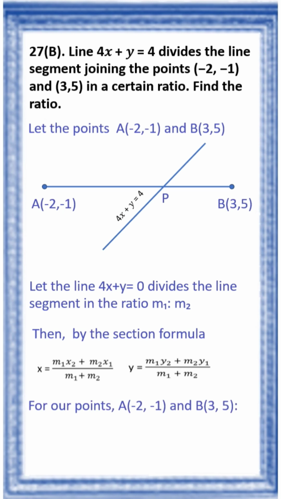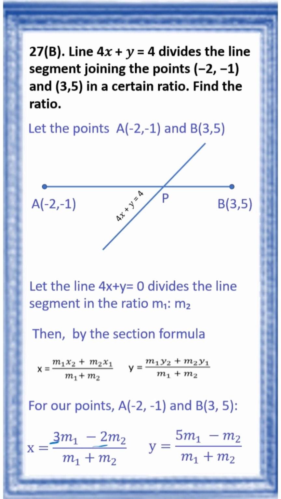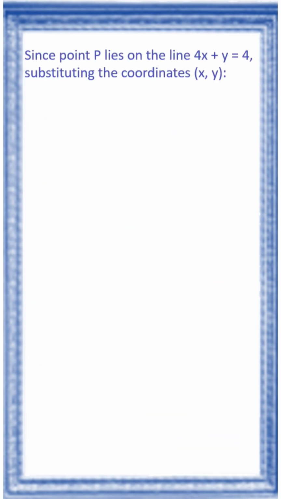For our points A (minus 2, minus 1) and B (3, 5), let us substitute the values: x2 is 3, x1 is minus 2, y1 is minus 1, y2 is 5. Since the point lies on the line 4x plus y is equal to 4, we substitute the x and y coordinates we have just got.